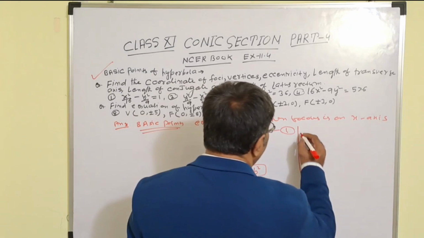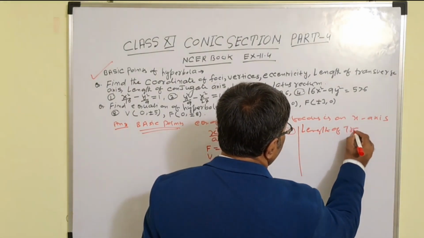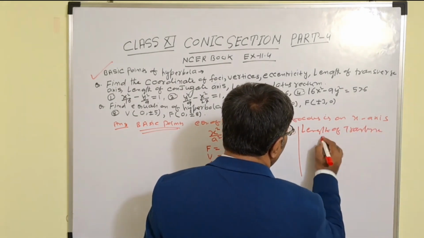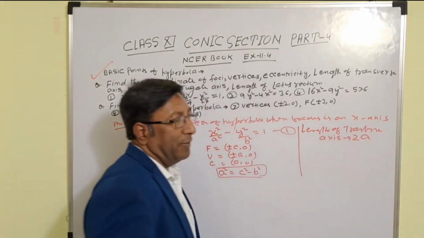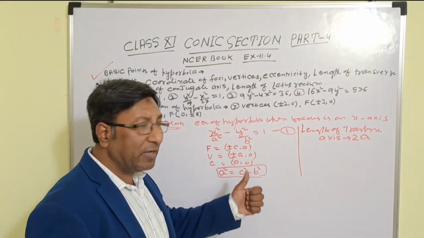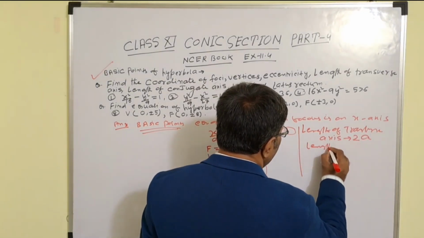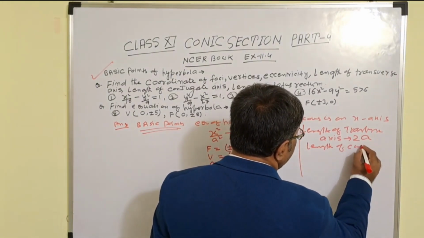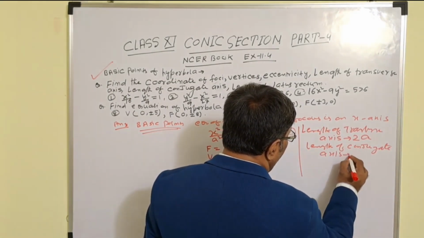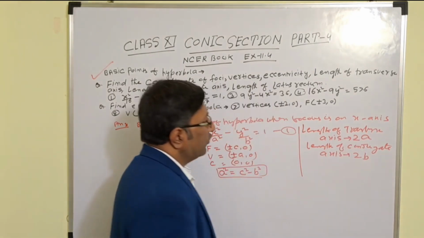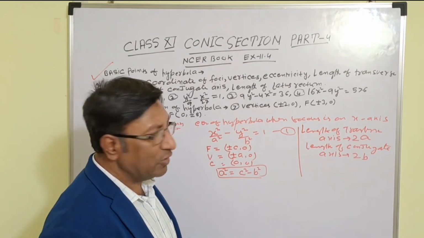So the length of transverse axis will be 2a, because this hyperbola is along x-axis, and the length of conjugate axis equals 2b. So length of transverse axis is 2a, length of conjugate axis is 2b.